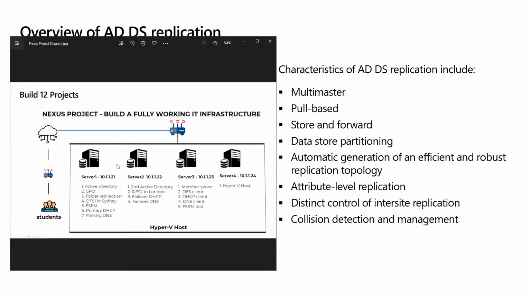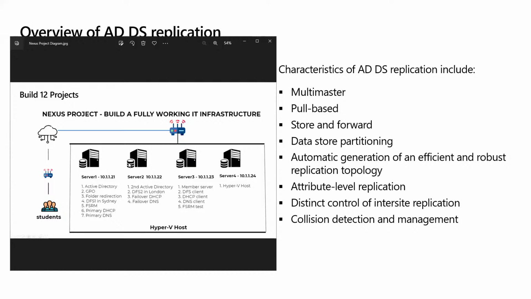Let's say server 2 can only download from server 1 but cannot push updates. Let's say someone changed a password here. They won't be able to do that. They can only do it from server 1. There's a characteristic of store and forward, meaning the database can be forwarded and saved, forwarded and saved, forwarded and saved.